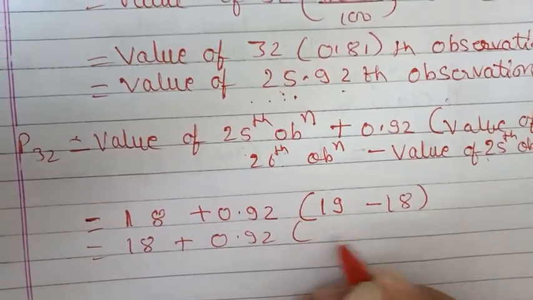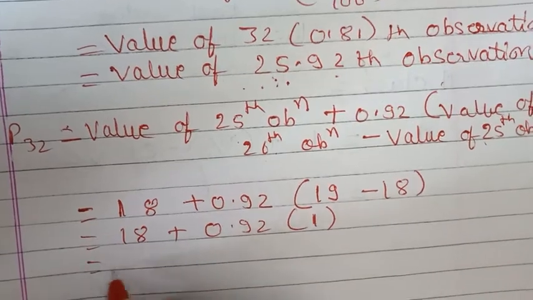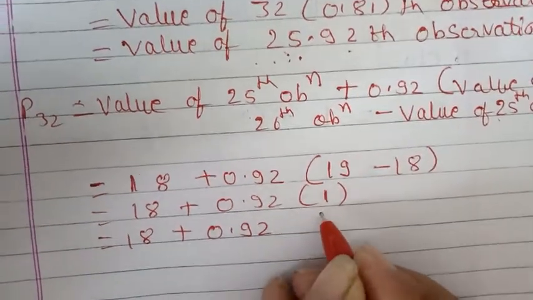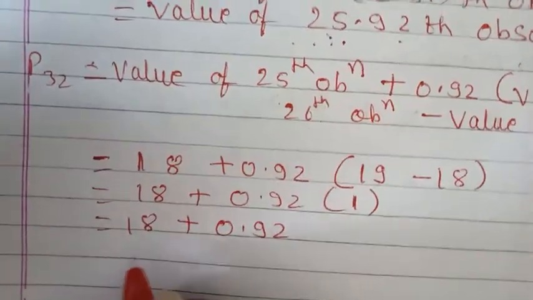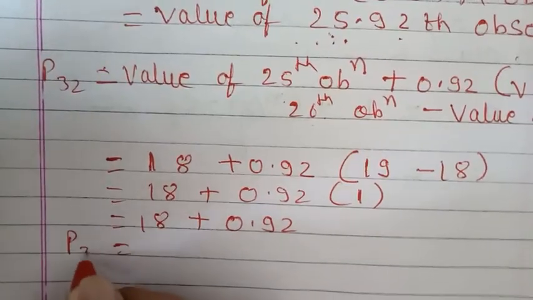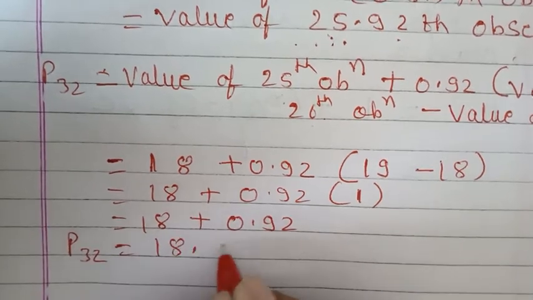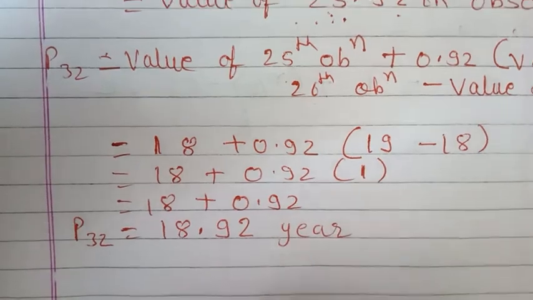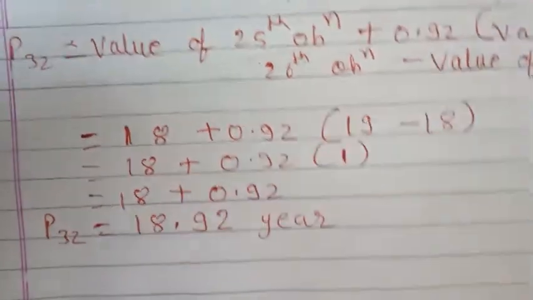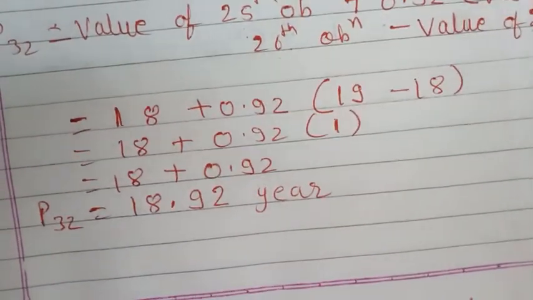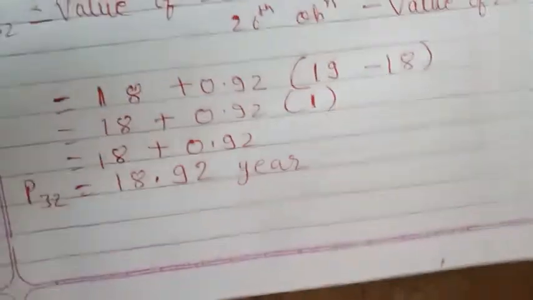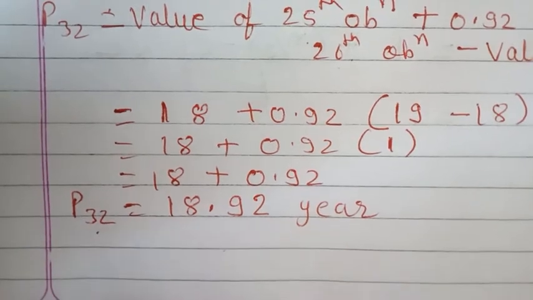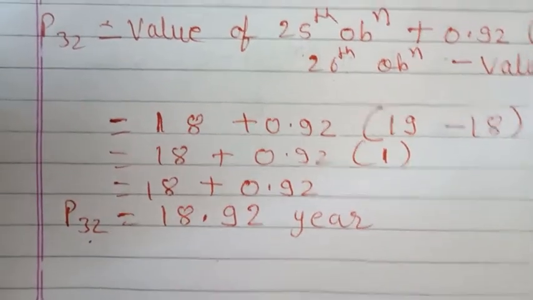Now 19 minus 18 is 1, because 0.92 when we multiply it with 1, it will give us answer 0.92. So P32 is 18.92 years. Now what can we say about that? That the age of 32% of the students will be 18.92 years or less than it, because we have found P32. Right?